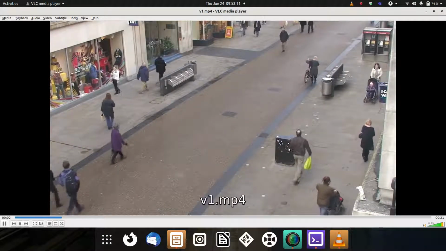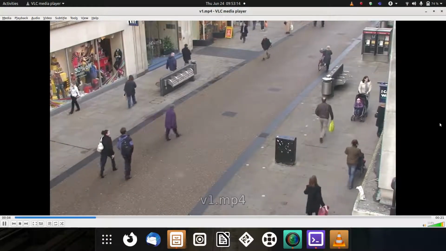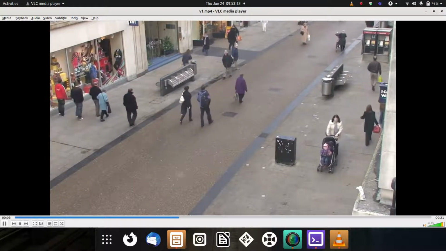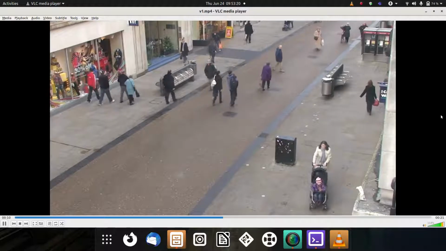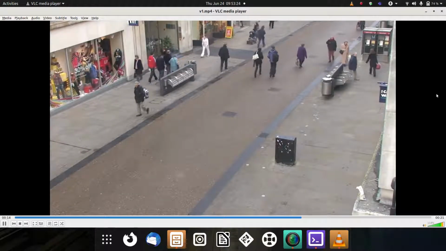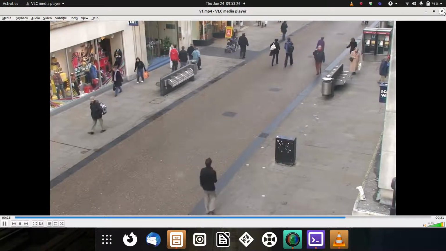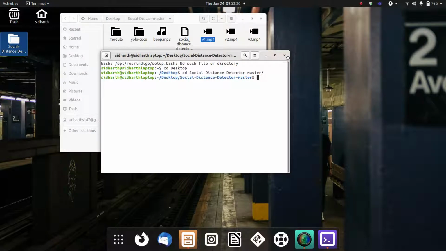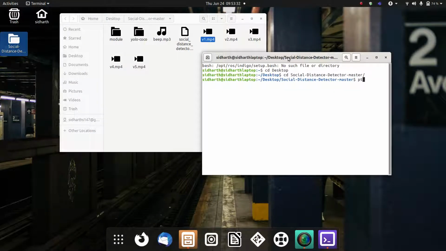As you can see, this is the v1.mp4 file, which has been chosen from somewhere in Europe, and we shall be seeing how well our social distancing detector works in detecting people that are violating the social distancing norms as established. Now let's run the social distancing detector.py file. I shall be running that using the Python 3 command and providing to it as input the v1.mp4 file.